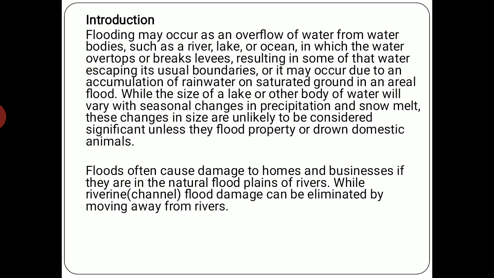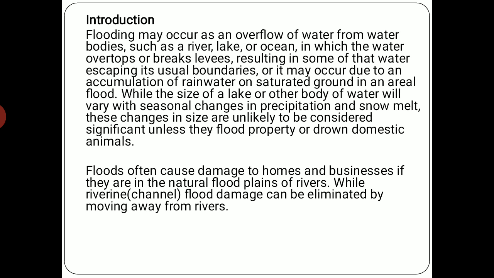Again, as you can see on the slide, a little bit of explanation has been given. Flooding may occur as an overflow of water from water bodies such as rivers, lakes or oceans, in which the water overtops or breaks levees, resulting in some of that water escaping its usual boundaries, or it may occur due to an accumulation of rainwater on saturated ground in an areal flood.